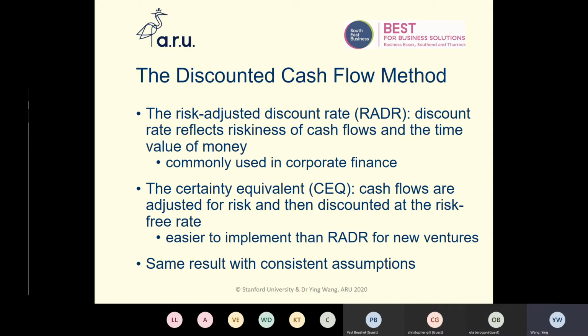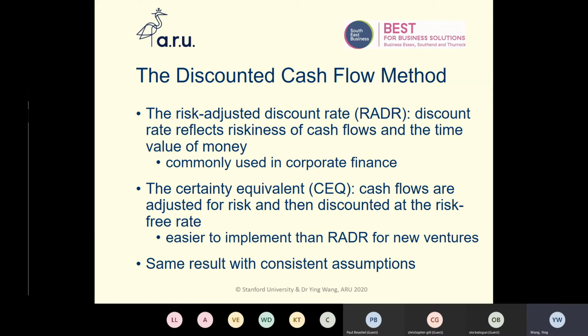Discounted cash flow, if you use the risk-adjusted discount rate, then you will focus on future cash flow, and the future cash flow reflects the riskiness of cash. The discount rate will reflect the riskiness of cash flow and the time value of money.